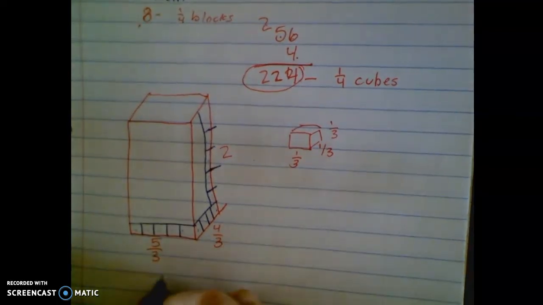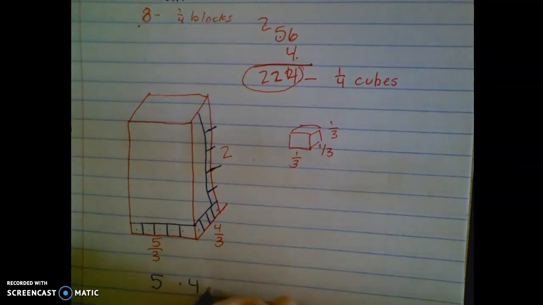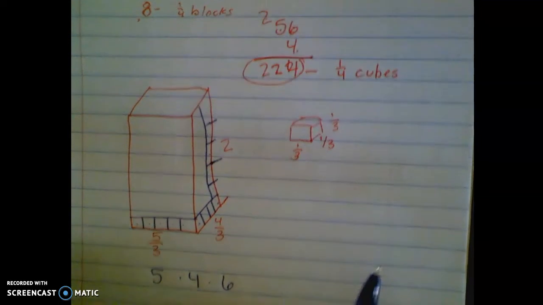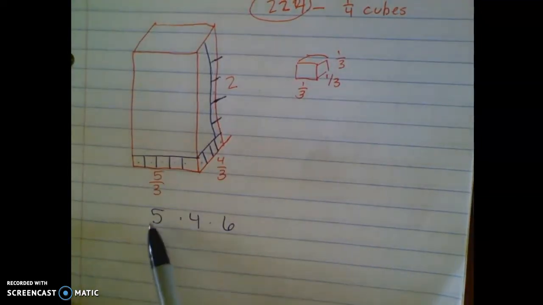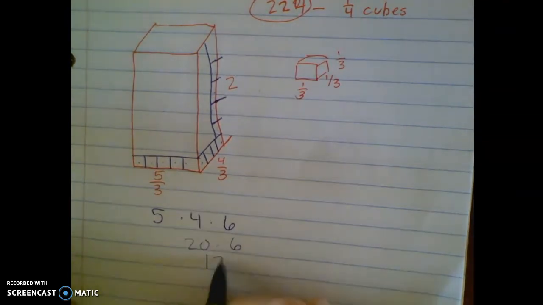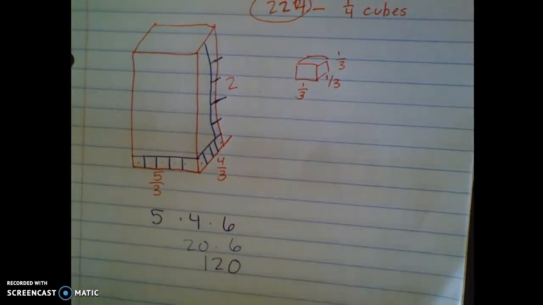So that tells me that I have 5 by 4 by 6 cubes that are 1/3 by 1/3 going up there. So 5 times 4 is 20. 20 times 6 is 120. So it would take 120 1/3 cubes to fill that box.